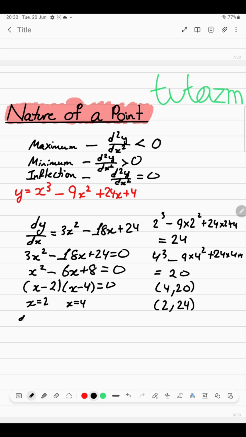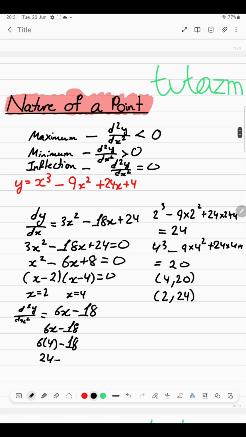So d squared y by dx squared is going to be equal to 6x minus 18. 6x minus 18 at 4 is going to be 24 minus 18, which is 6, greater than 0.